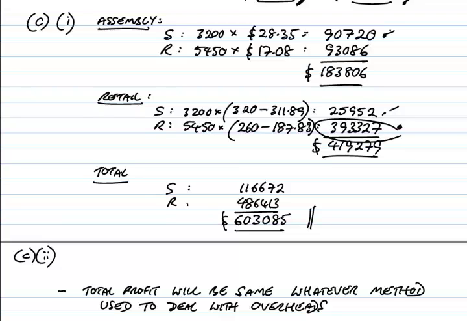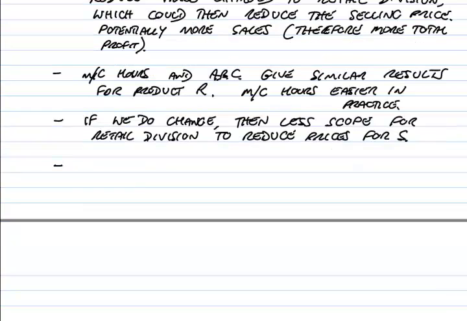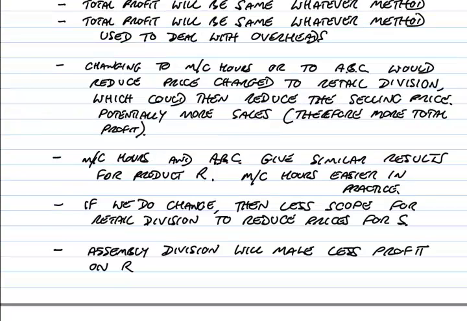So again, not a big difference between activity based and machine, but it will mean the assembly division is making less profit. For that reason, the assembly manager might not be happy. Assembly division will make less profit on R. What about in total before I write any more?